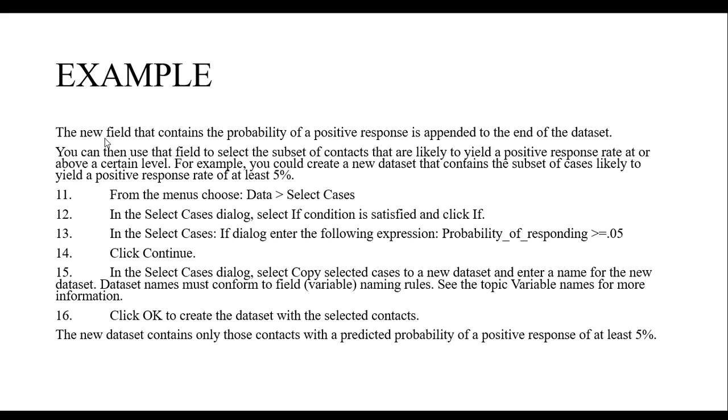This new data set will have people whose probability of responding is more than 5%, predicted as people with a response of interest. These people can then be used to send a direct mailer, and our direct mailer response will be much better than what we could have achieved by sending email blindly to all the people in our contact database.